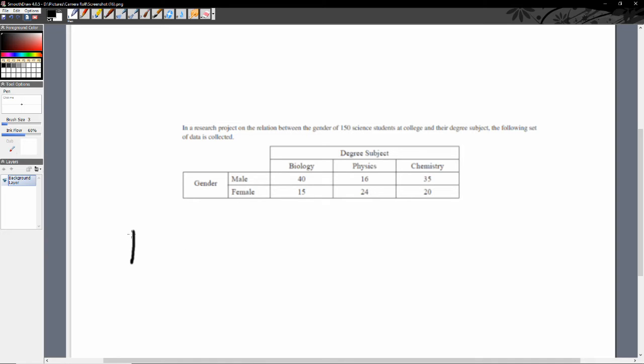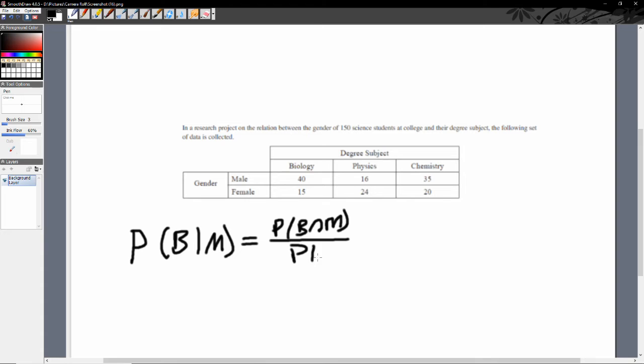So that means it's the probability of biology given male. And the way that you would go about doing that is we have our equation from before. This is equal to the probability of biology and male over the probability of male.